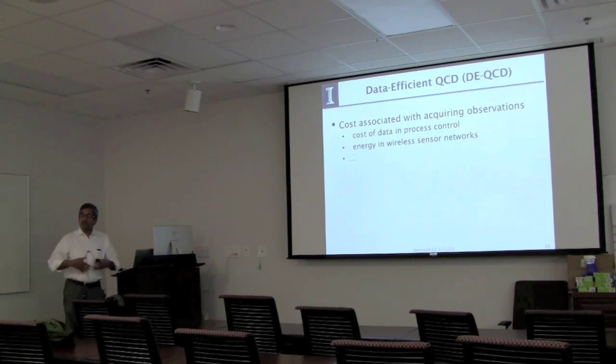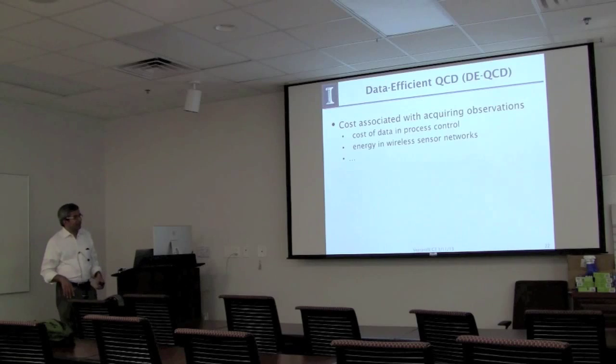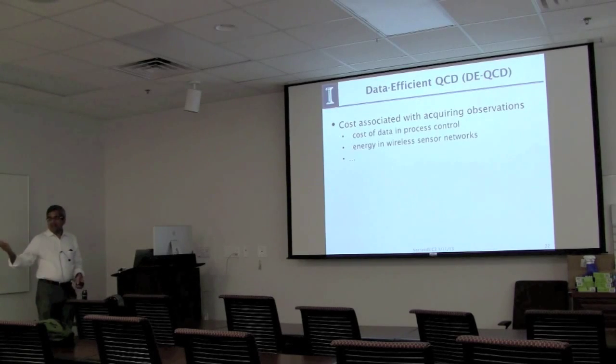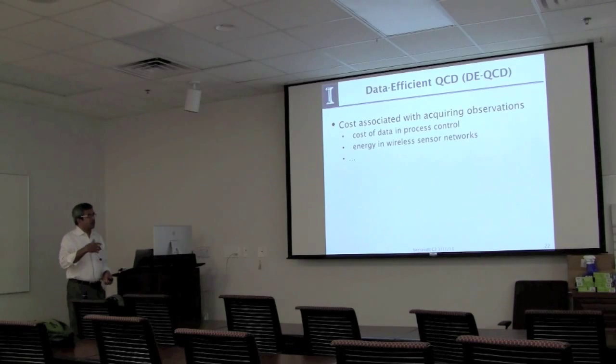Each time you get an observation, you need to stop something to make that happen. Or if you're testing patients for diseases, again, there's the expense associated with that. Or if you're collecting data through a sensor network, the cost of acquiring observations might be the energy that's consumed, not just in acquiring the observations, but maybe transmitting them to some other location.